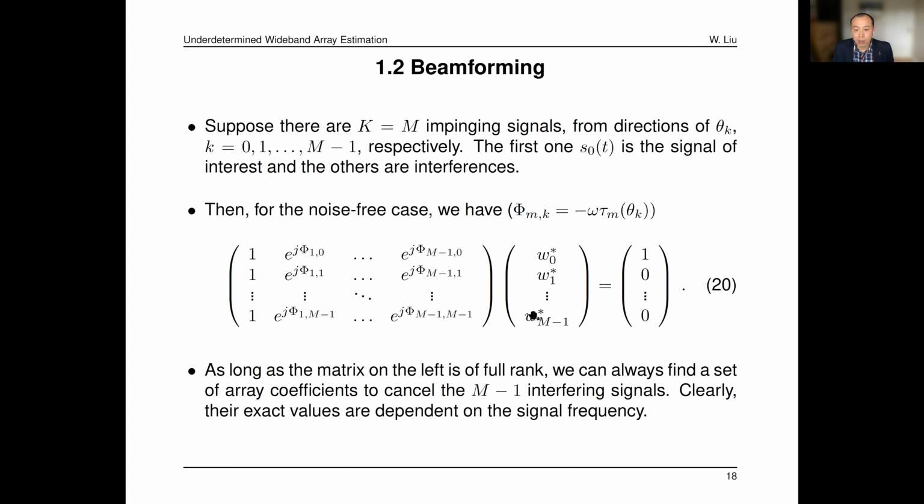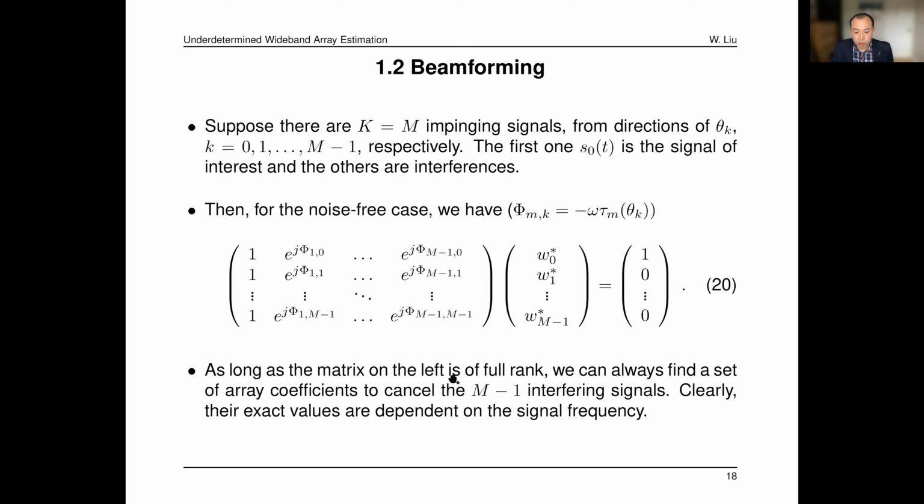Then the coefficient times the steering vector for the first signal, the steering vector for the second signal, and so on: for perfect beamforming without noise, this coefficient times the steering vector of the first signal will be 1, and for the other signals will be 0. In this case, you have suppressed the interference signals completely.